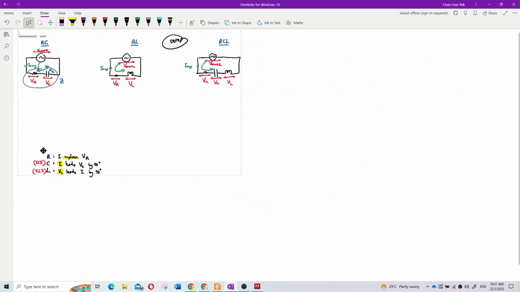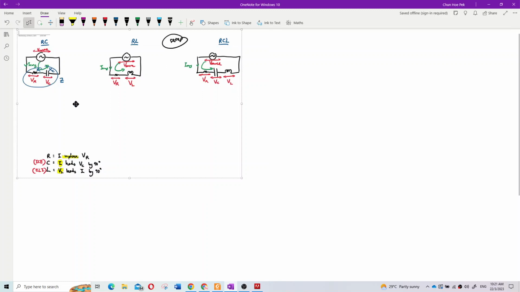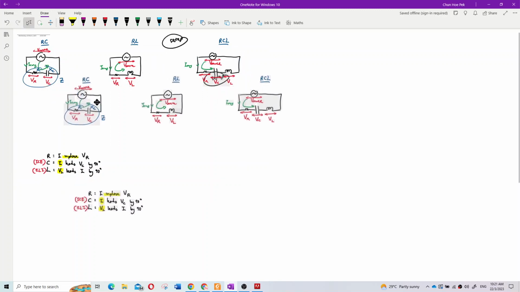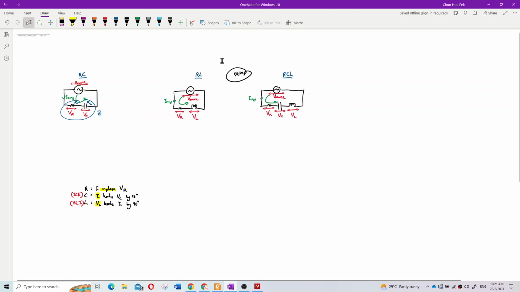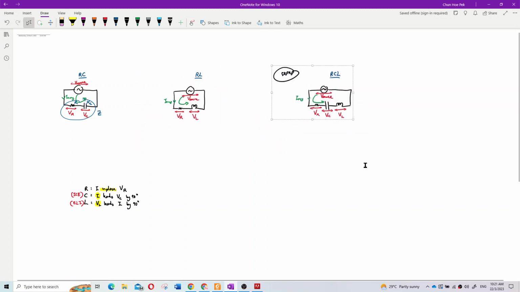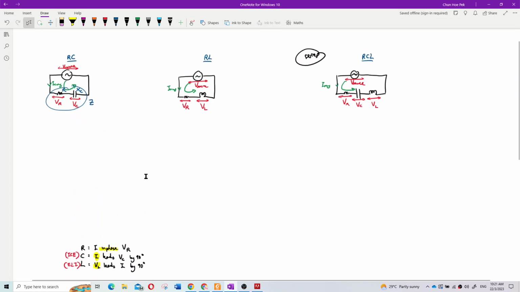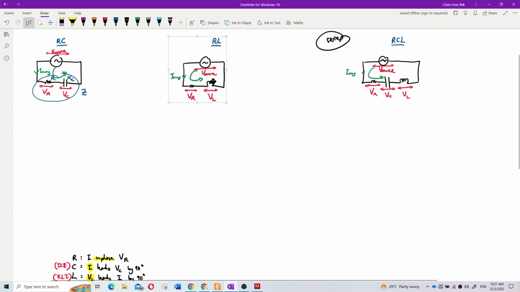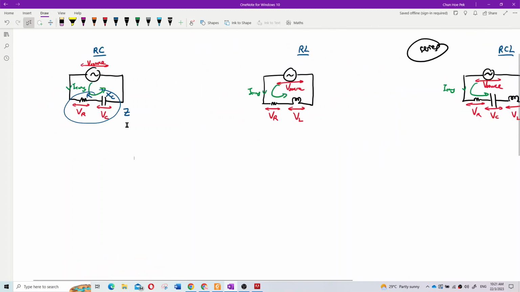It's too crowded. Just like this, we can zoom in and zoom out. Okay, sorry for the delay.